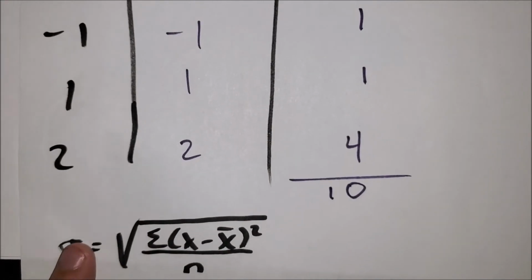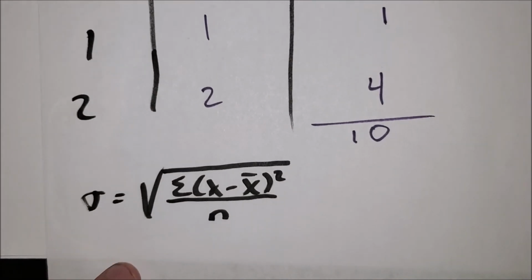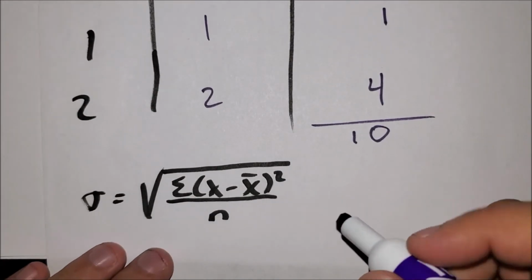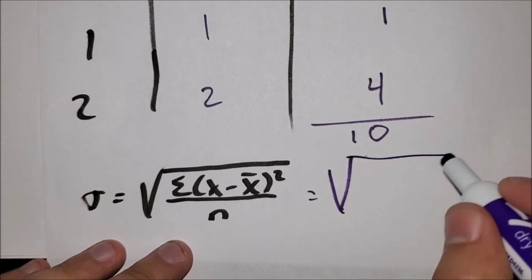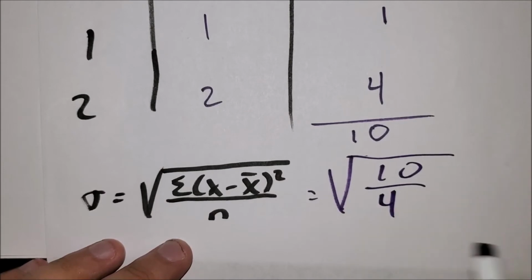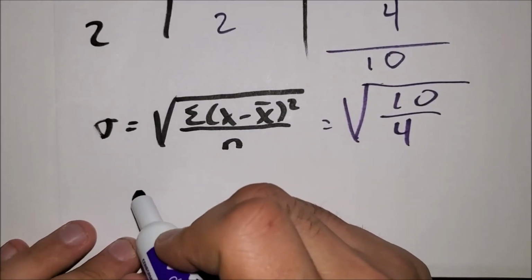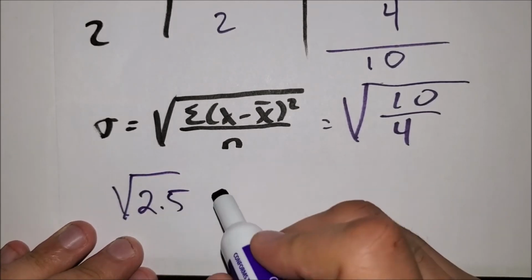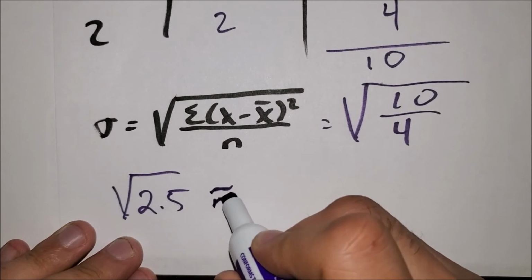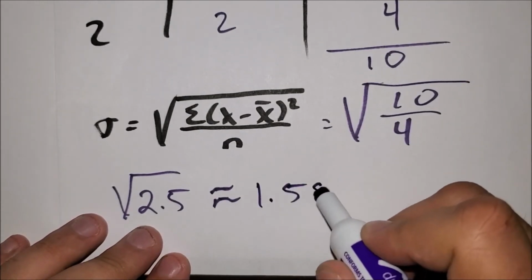So when we do our standard deviation, we end up taking the square root of 10 over 4, and this equals the square root of 2.5, which is approximately 1.58.